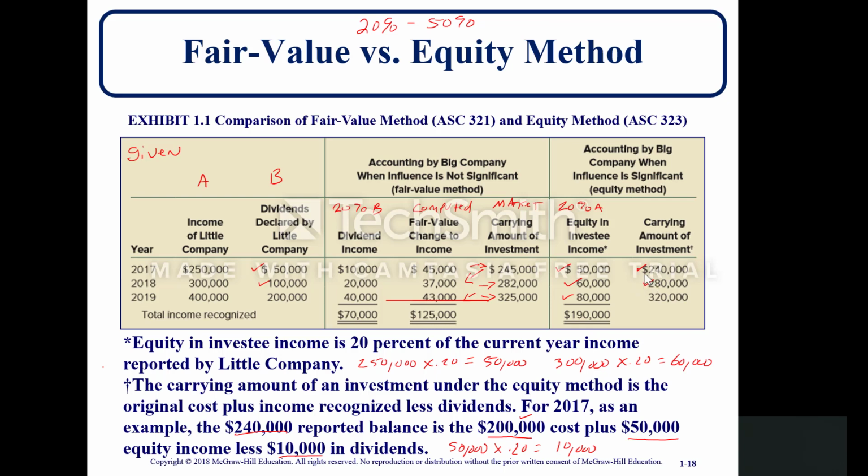Again, this schedule helps you a lot when you're trying to compute the journal entries. What they didn't include here, just to break out under the equity method, is that the dividend would be very similar to the dividends declared by Little company. It'll be 50,000, 100,000, and 200,000.